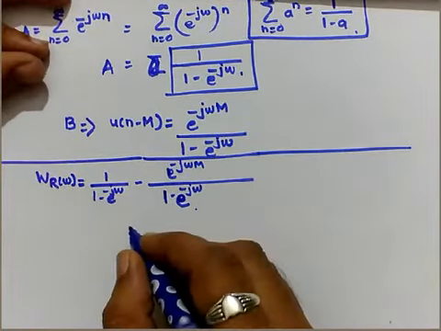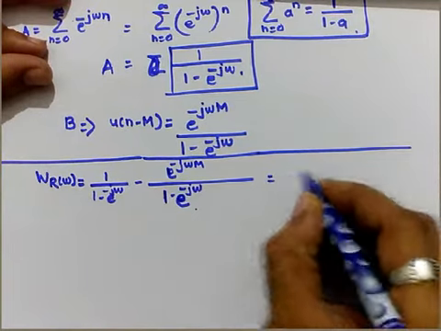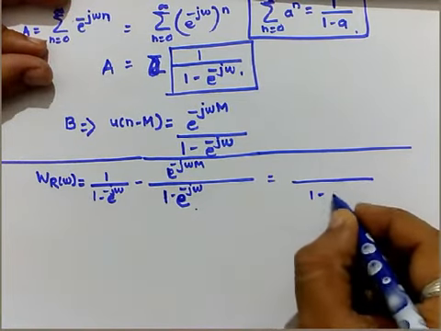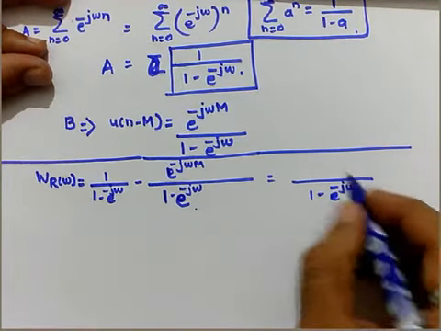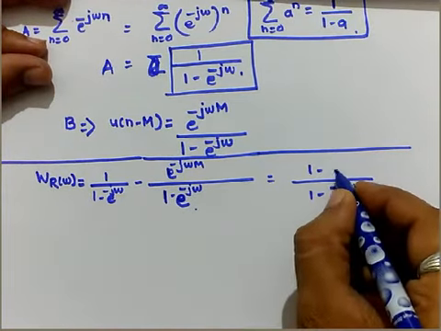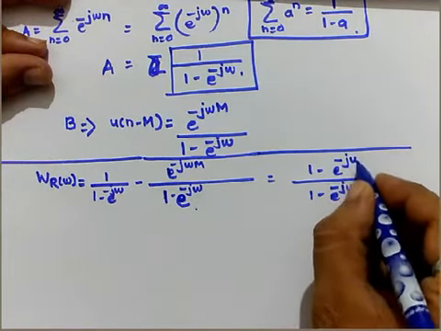So here the denominator will be the same, so let's take it common. So 1 minus e raised to minus j omega m, over 1 minus e raised to minus j omega.